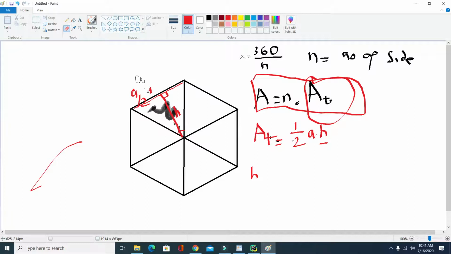So it's A over 2 here, A over 2 here, and here we have X over 2.